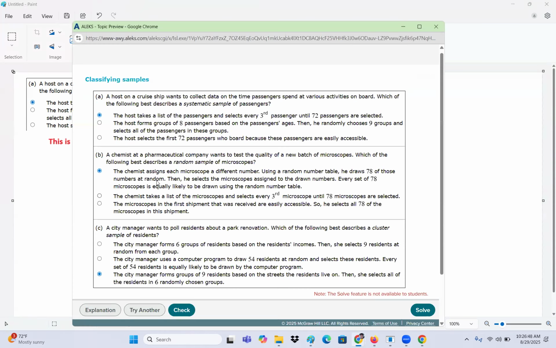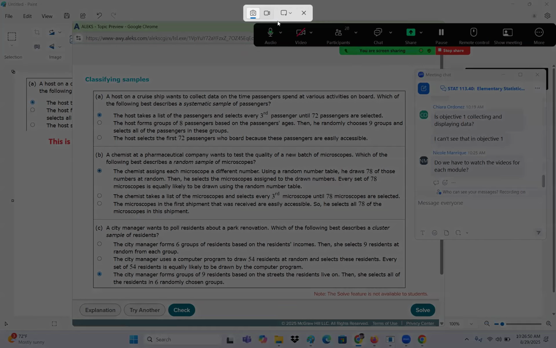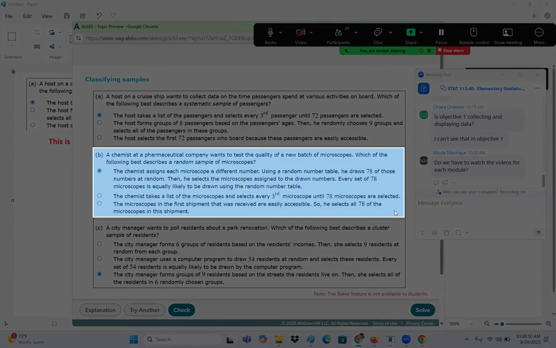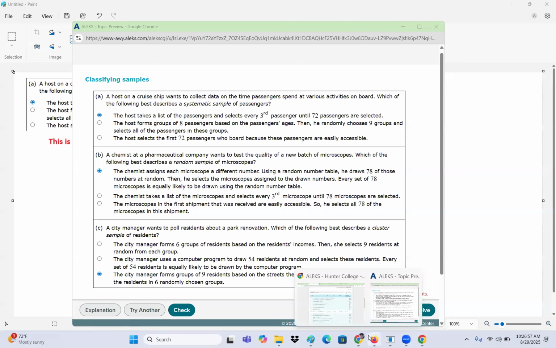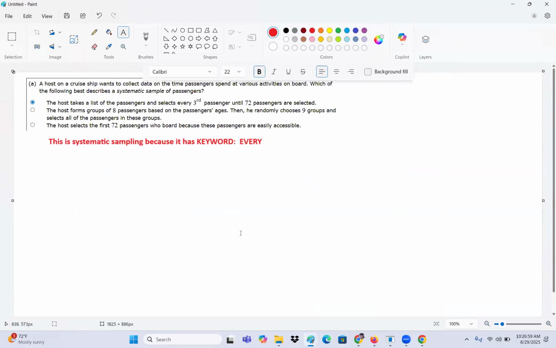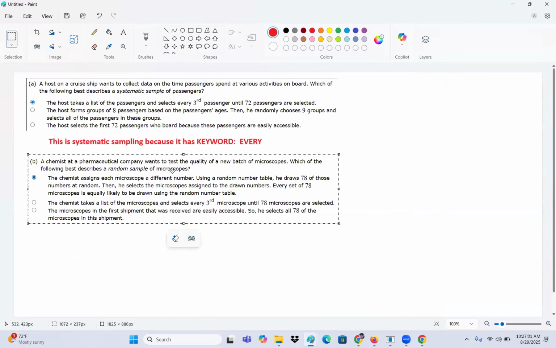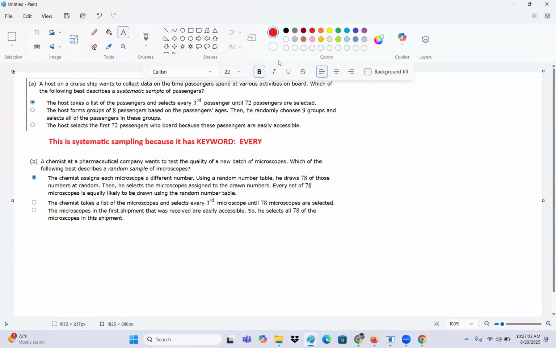All right, let me continue on the second part. It's going to be way faster and easier for you to do the homework. The question I'm going to ask is about random sampling. So there's systematic sampling, and this is random sampling.